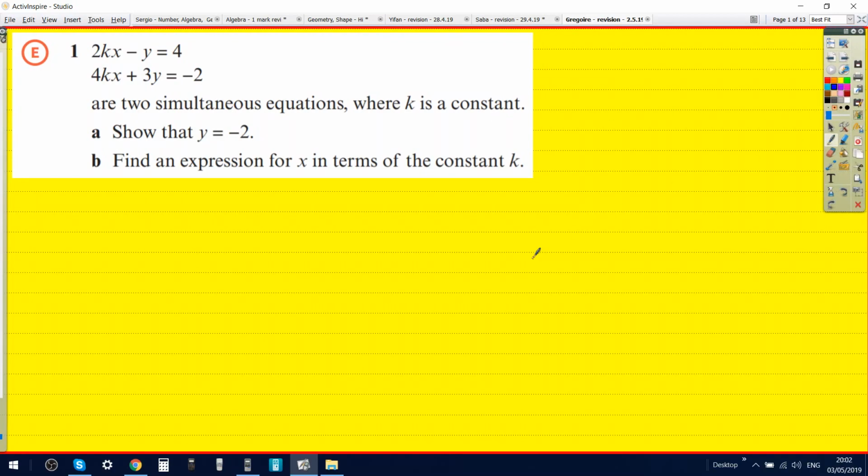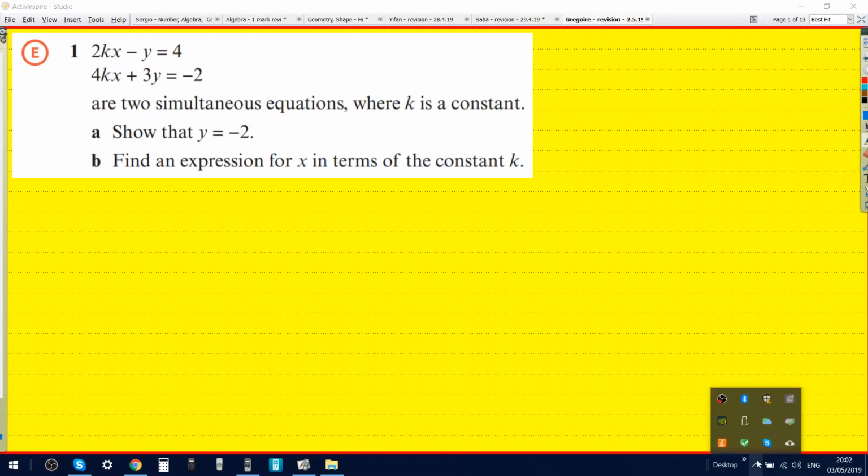Replace constant k of y equals 2. Can we multiply the top one by 2, so that gets 4kx minus 2y equals 8?